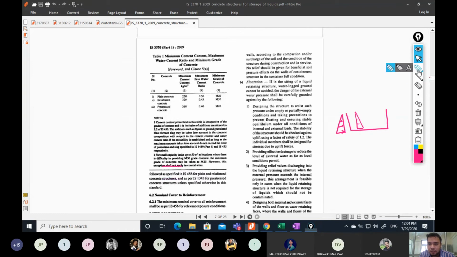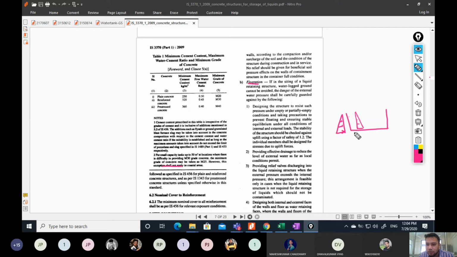Then another condition is the flotation condition. If the site of a liquid retaining structure is waterlogged ground that cannot be avoided, the danger of the external water pressure shall be carefully guarded against. Design the structure to resist such pressure under empty or partially empty condition.